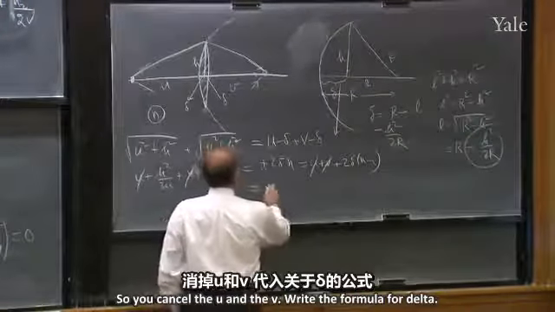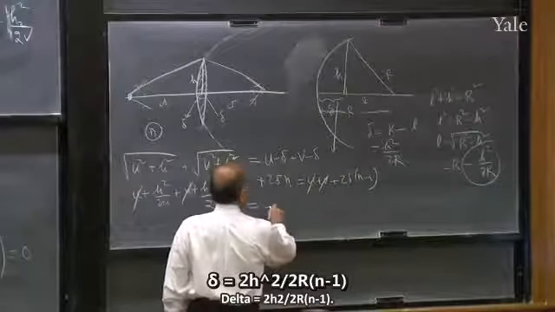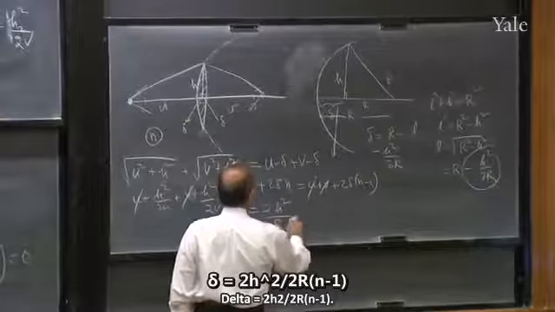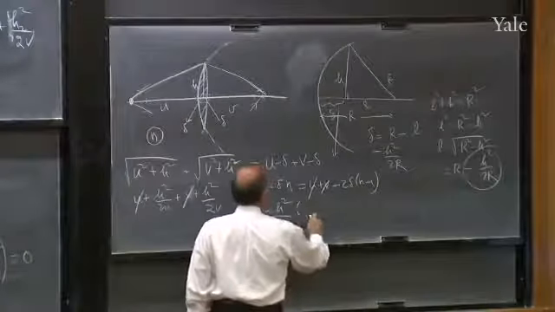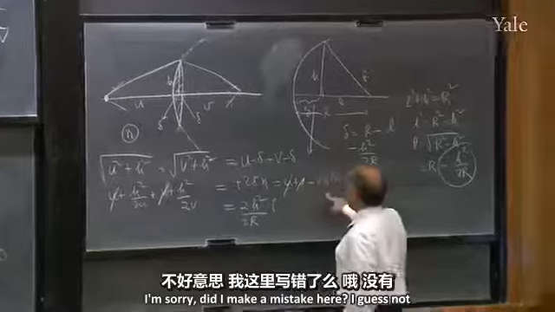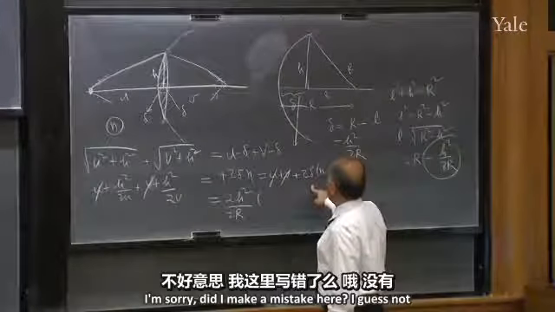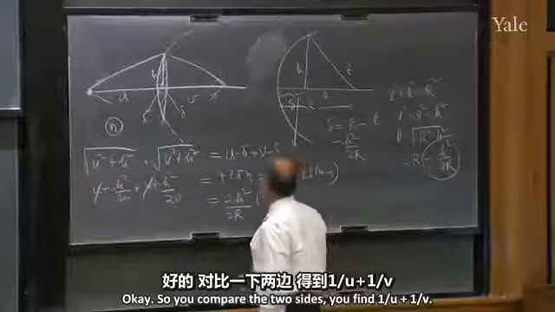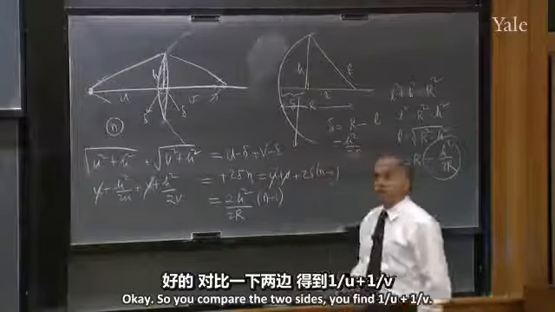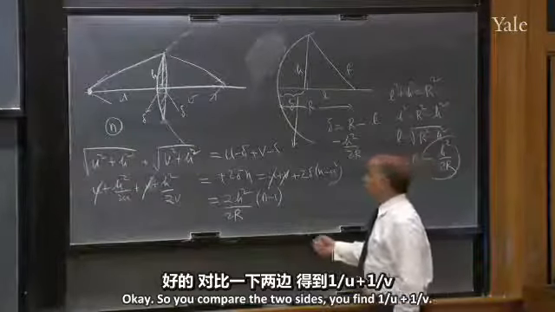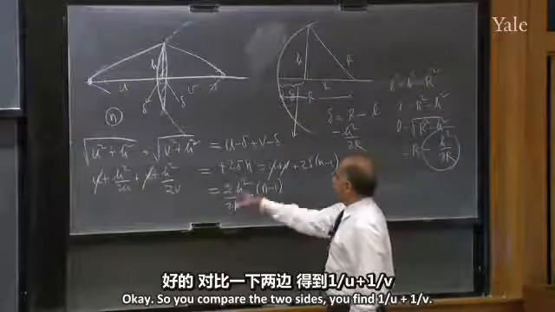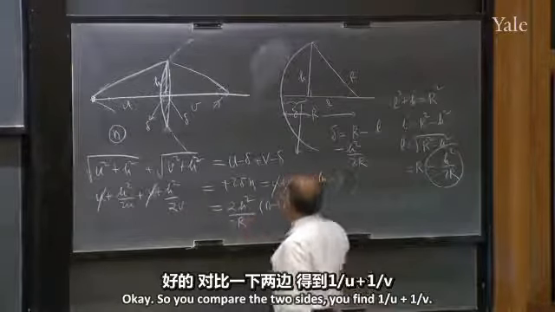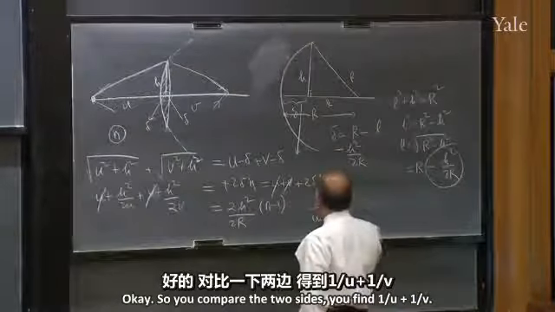Write the formula for delta. Delta was equal to h squared over 2r times... I'm sorry, did I make a mistake here? I guess not. Okay. So you compare the two sides, and you find 1 over u plus 1 over v.